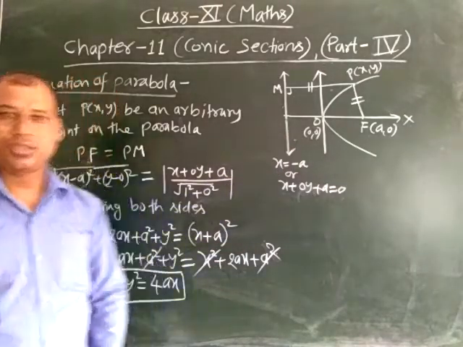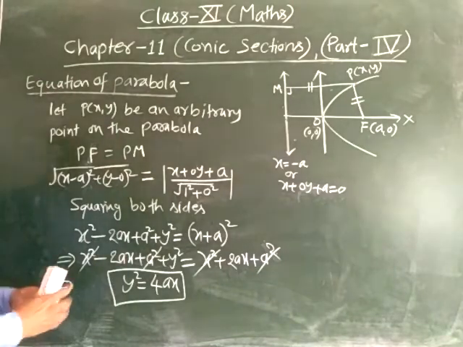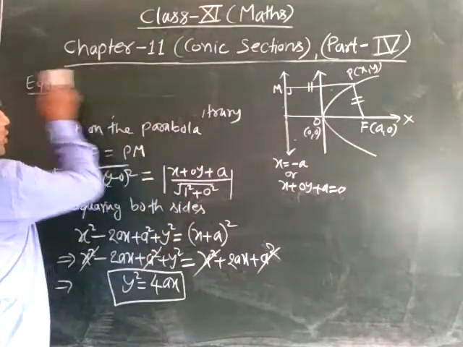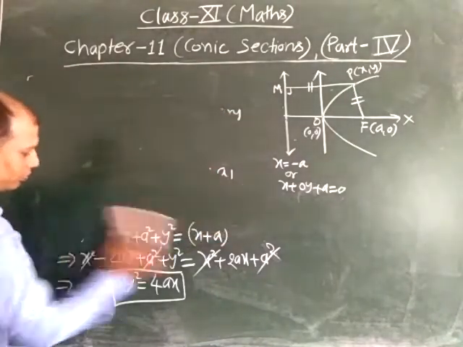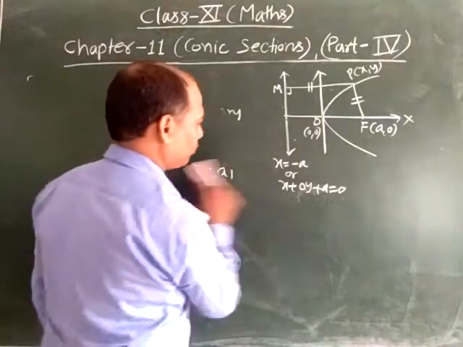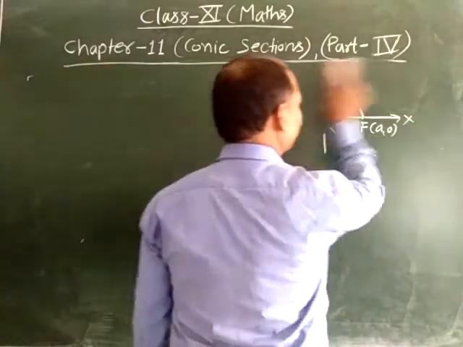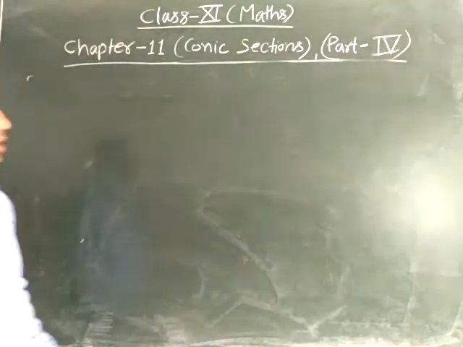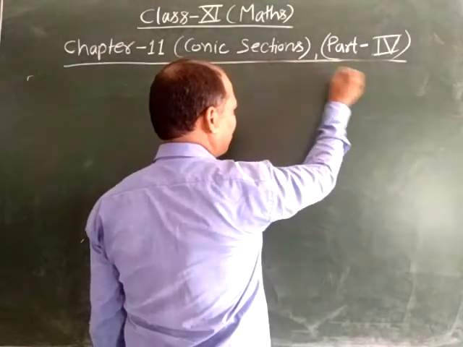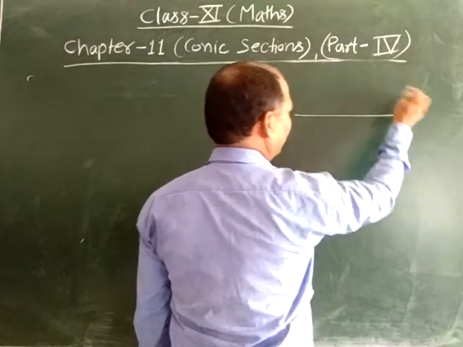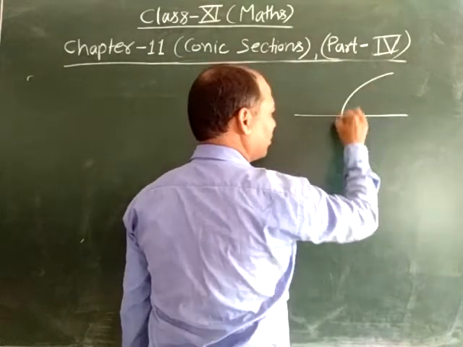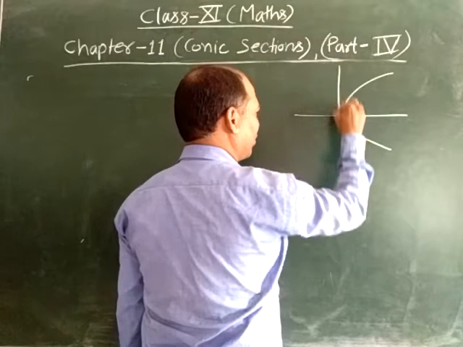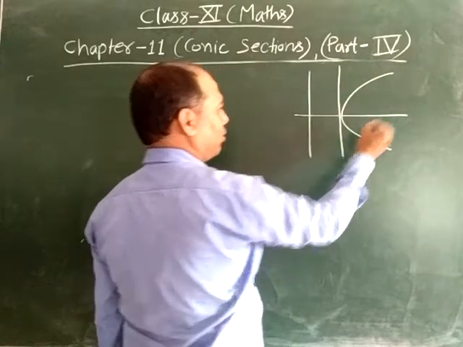Is it clear, students? Now let us know what is the length of the latus rectum. All of you know the latus rectum is the line segment which passes through the focus and is perpendicular to the axis of the parabola.